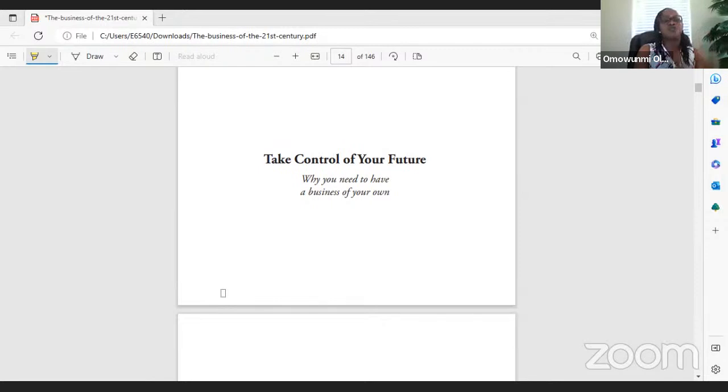The goal is to move yourself while you are on the job. You are planning maybe a 10-year plan ahead to move yourself from being an employee to either being an employer of labor or an investor, in a way that you can take control of your own future.